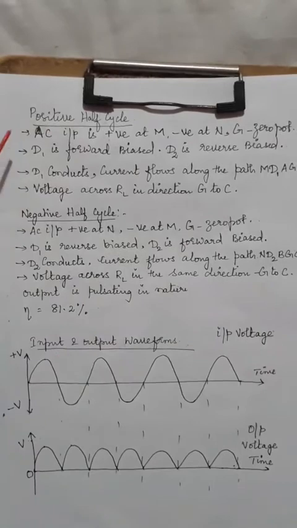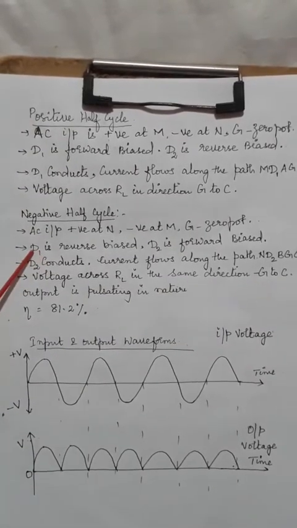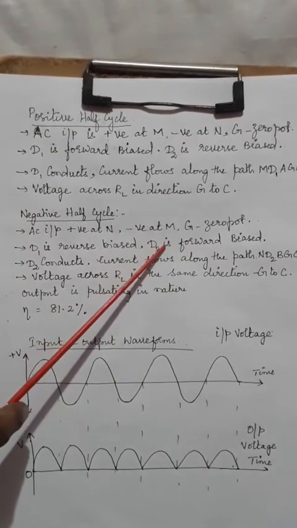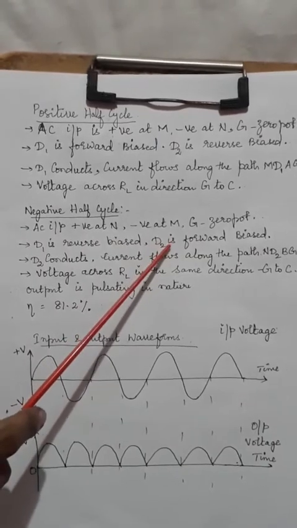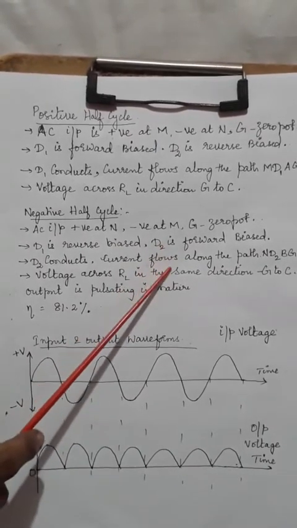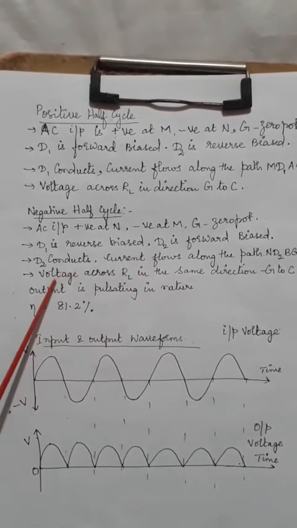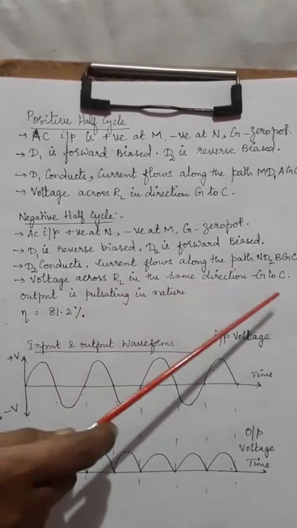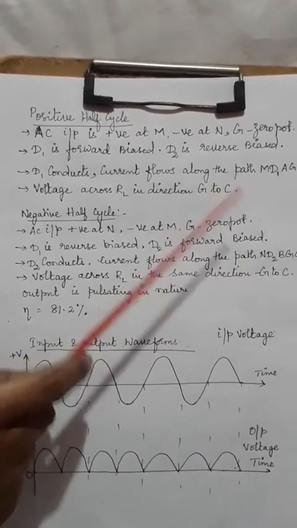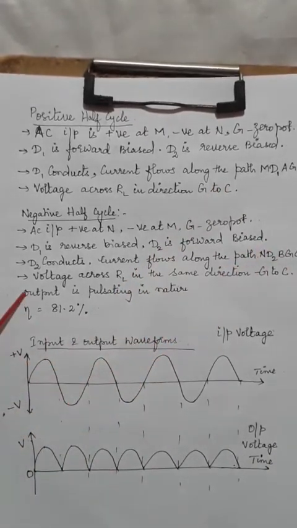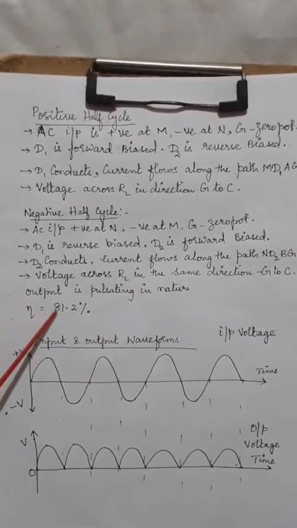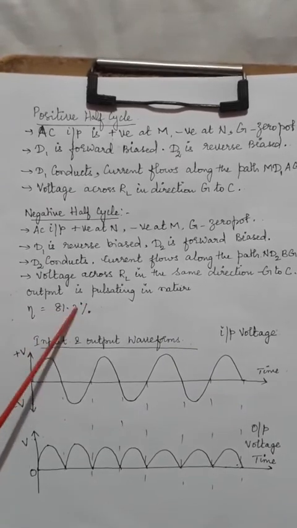But here D1 becomes reverse biased, but D2 becomes forward biased. So current will pass through D2, and hence the voltage across RL is in the same direction, G to C. So hence the efficiency is given as 81.2%.